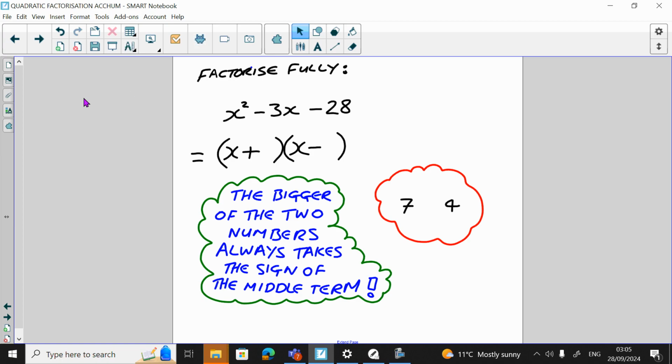That's the bigger number, 7. You're comparing 7 and 4. If the numbers were actually the same, we'd be using a different technique.